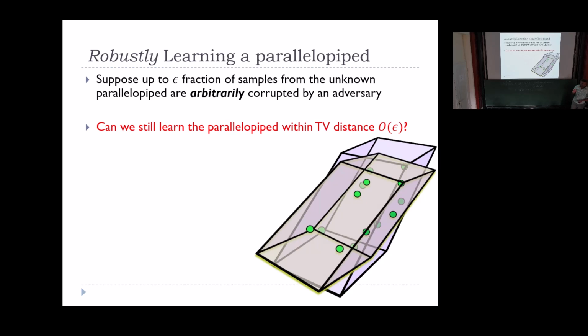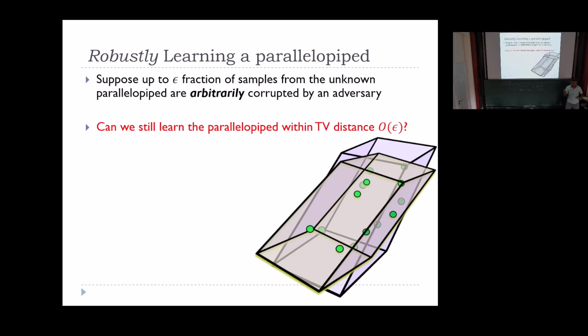They're arbitrarily corrupted within the parallelepiped or no, anywhere in space? Anywhere in space. So it's this adversarial corruption. Okay. Now, this is still information theoretically possible because they only changed an epsilon fraction of the points. So you could, for example, guess every possible epsilon subset, right? And for the remaining 1 minus epsilon, find a parallelepiped, and among all those, take, let's say, the minimum volume one.